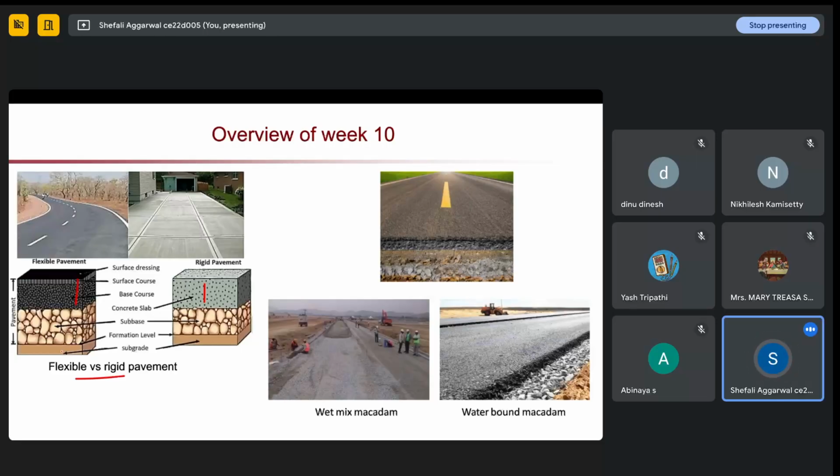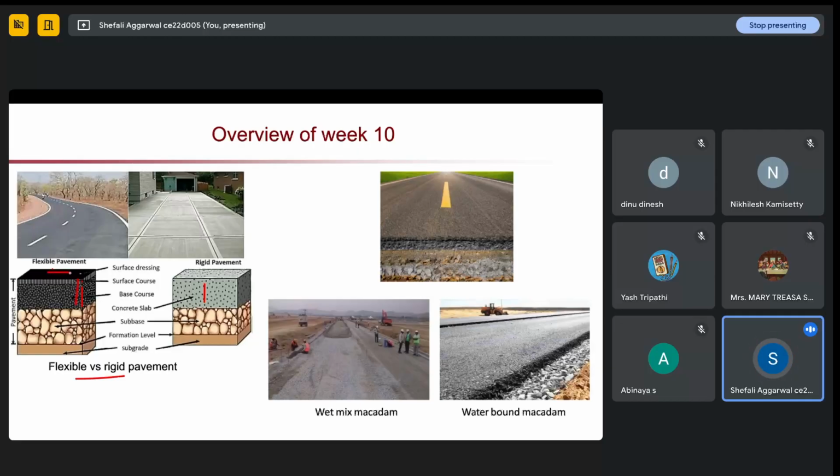We have soil as a subgrade, then we put some stones for the sub base, and this sub base can be made of all coarse aggregates, or it can have fine aggregates, or it can have sand added to it. Then, if we talk about flexible pavement, we have the base course, then the surface course, and then surface dressing.